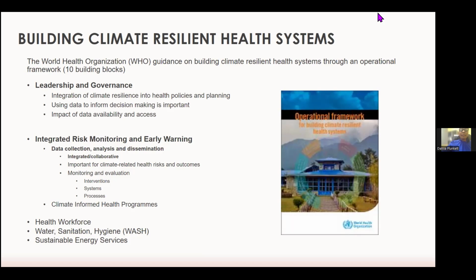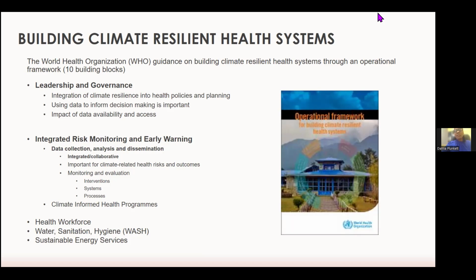And for leadership and governance, what is important about this is that it emphasizes the need for integration of climate resilience into our health policies and our planning, and allows us to use our data to inform decision making, which is extremely important. Integrated risk monitoring and early warning, of course, emphasizes the need for data collection, the analysis, and the dissemination of that data.